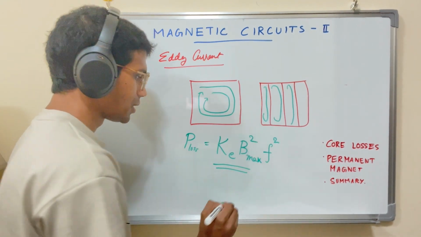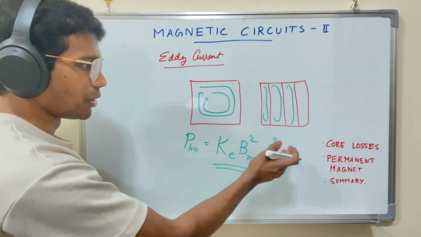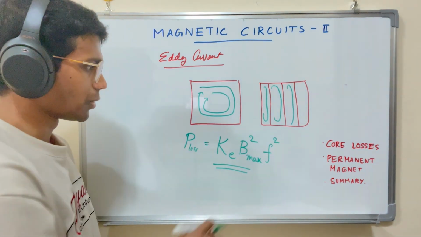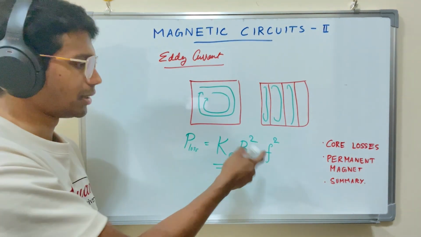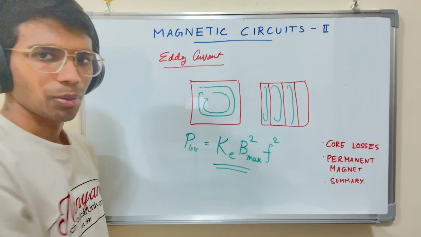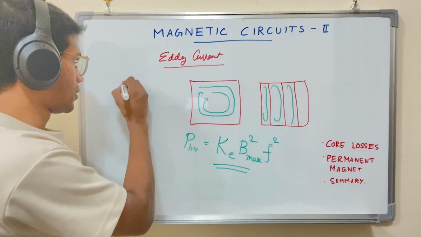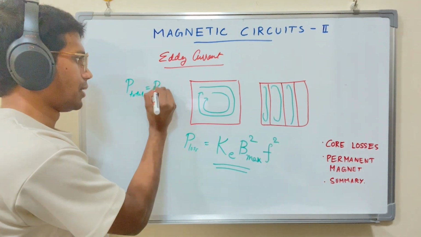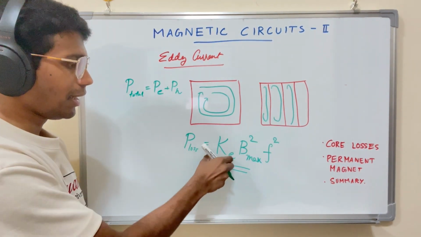The only difference from hysteresis is that it's proportional to frequency squared, while hysteresis is proportional to just frequency. And also hysteresis has a Steinmetz exponent, while in this case B max is just squared. That's the only difference. So total core loss would be eddy current losses plus hysteresis losses, and the KE varies.